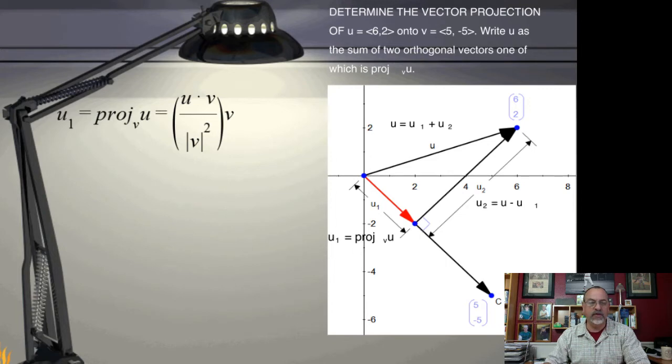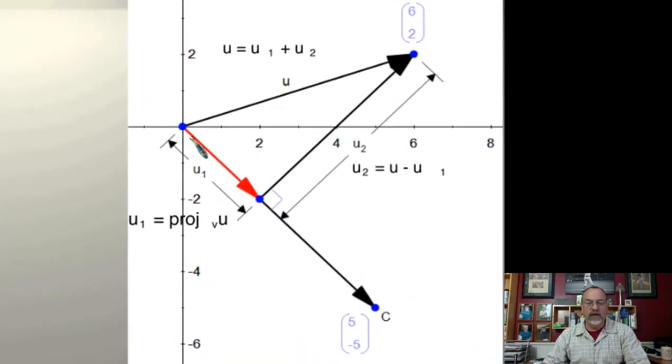Okay, so let me walk you through that one more time. If I have this vector here, which is the vector 5, negative 5, and I have this vector 6, 2, what would be the components of this projection vector? In other words, what would basically be the coordinates of this point here?